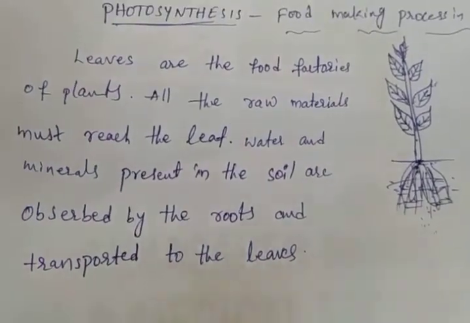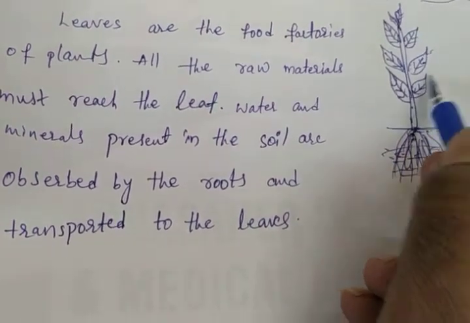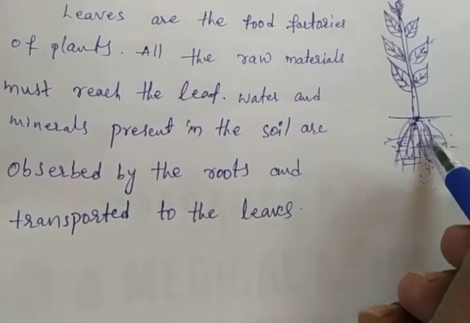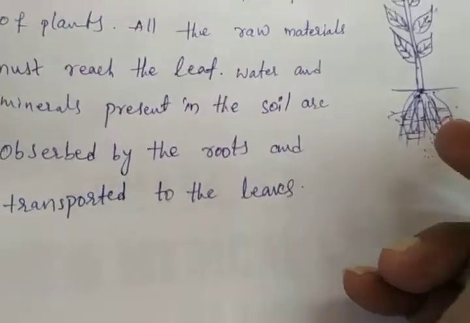Okay, leaves are the food factories of plants. All the raw material must reach the leaf. Water and minerals present in the soil are absorbed by roots and transported to the leaves.